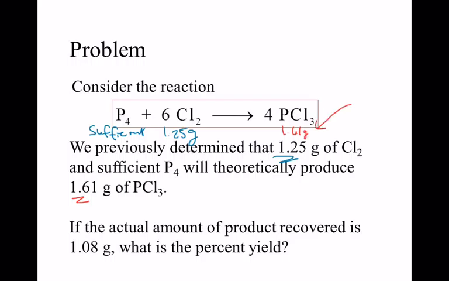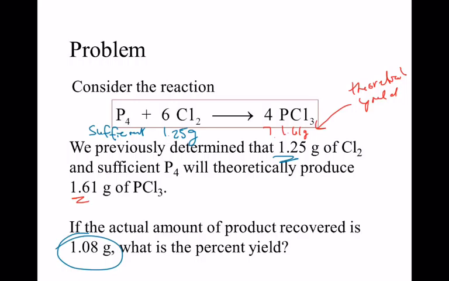That is the theoretical calculation, the theoretical yield. Let's just say you go to the lab, you have your 1.25 grams of Cl2, you have sufficient P4, and instead of getting 1.61 grams back, you get 1.08 grams of PCl3. So it's low, as you thought it would be.